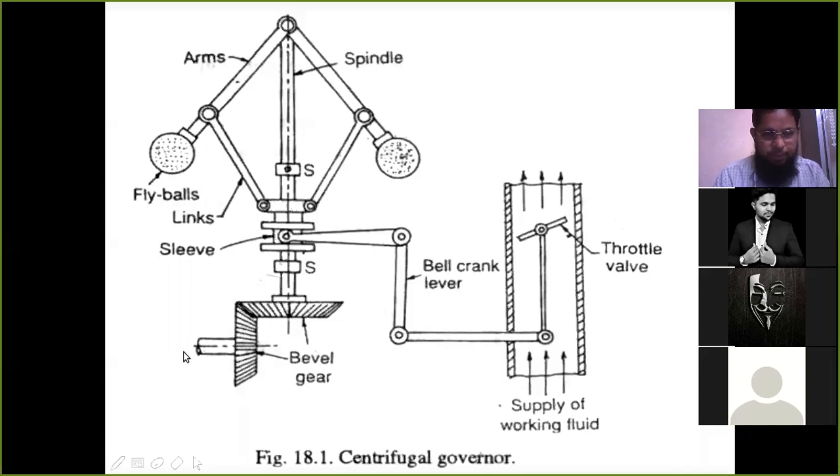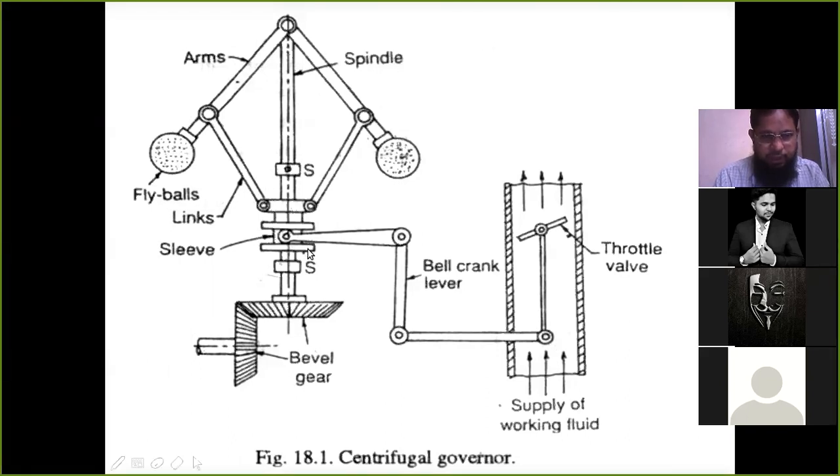As the engine speed increases, the governor speed also increases. This is the case when the load on the engine is decreased. As the governor speed increases, the fly balls move away from the spindle, and the sleeve will be lifted up.